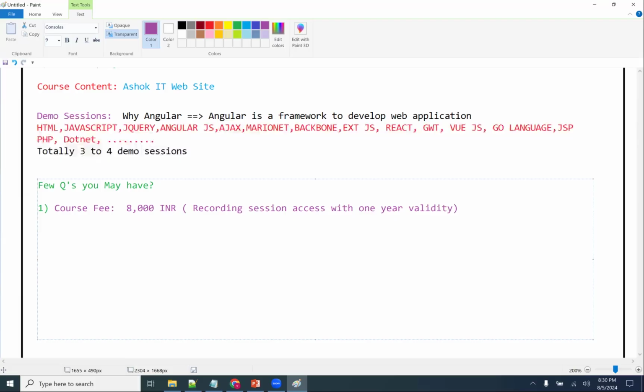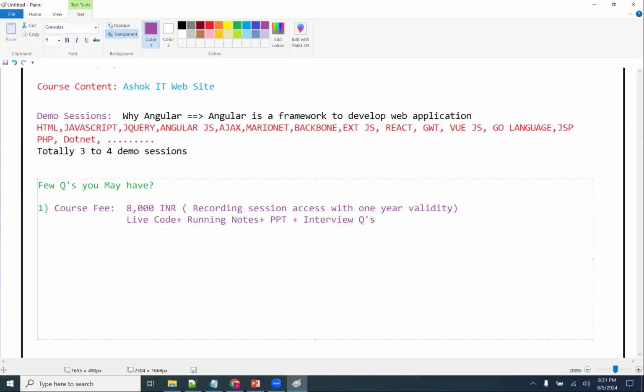The course fee is 8,000 rupees, which includes live classes plus 1 year recorded sessions validity, live code, running notes, PPT, interview questions. All these are part of this course fee.